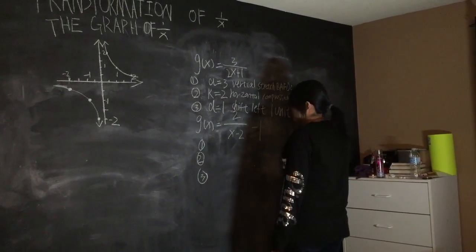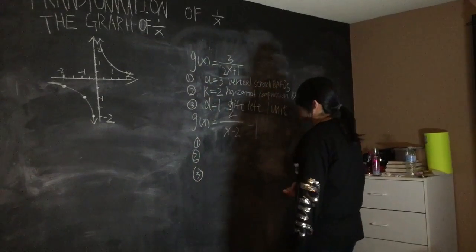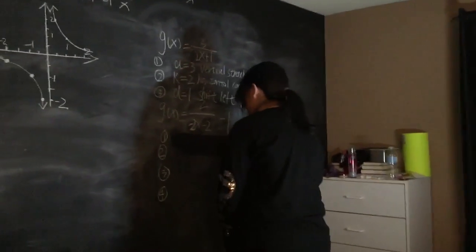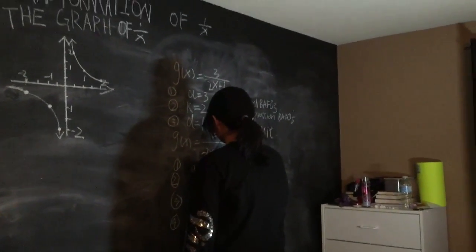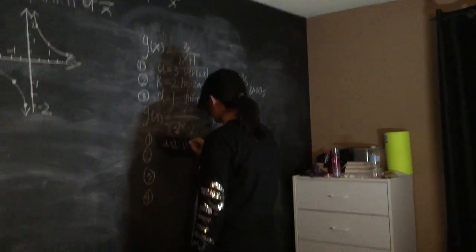So the third one is D equals negative 1, shift left 1. This question is A equals 2, the vertical stretch by a factor of 2.